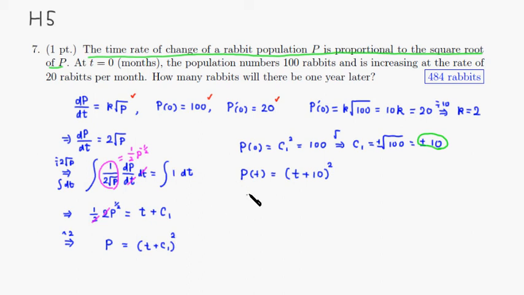All right, let's see. We want to see how many rabbits there will be one year later. Here t is in months, so we have to find P of 12.